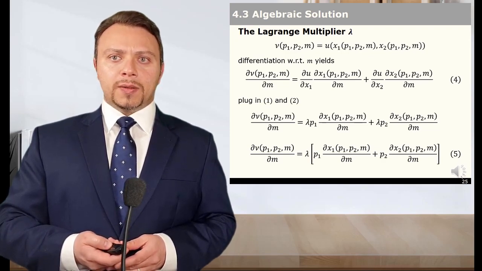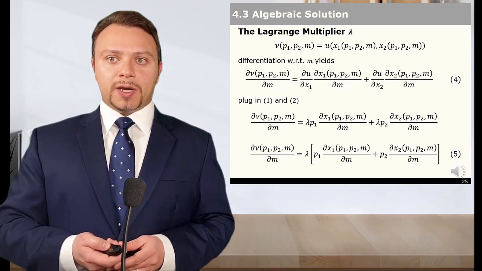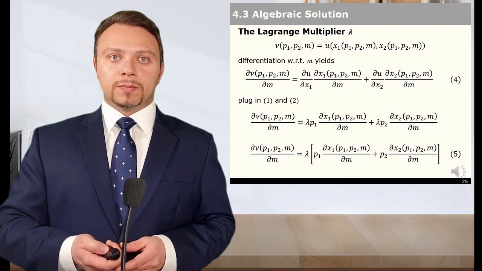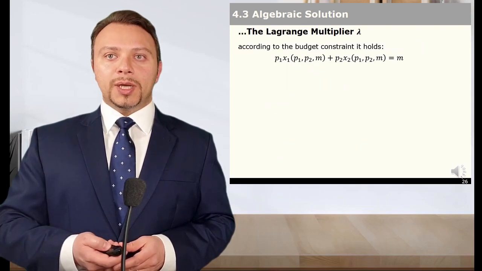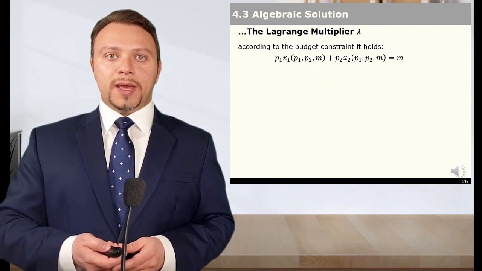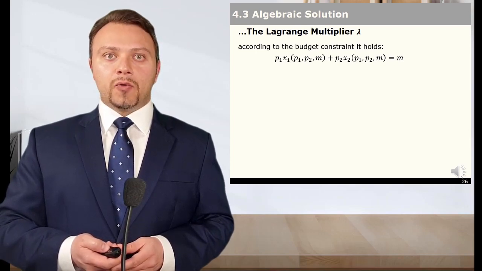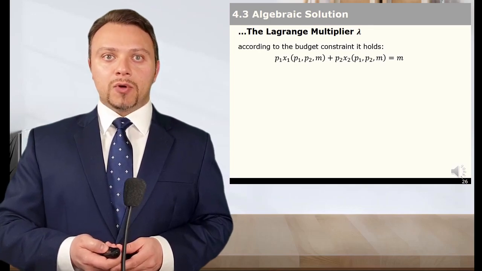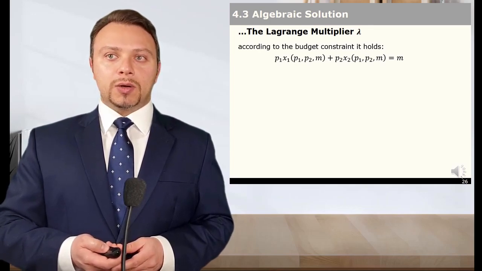Now, what is the term within the brackets here in equation 5? Well, we can find out what it is. According to the budget constraint, it holds that p1 times the Marshallian demand for good 1 plus p2 times the Marshallian demand for good 2 is just equal to our budget.